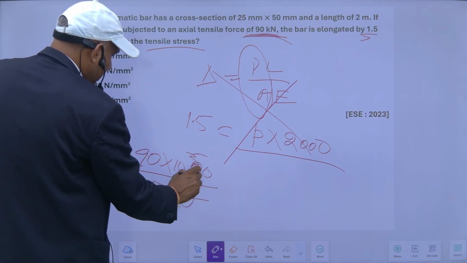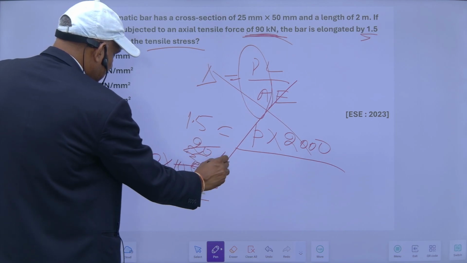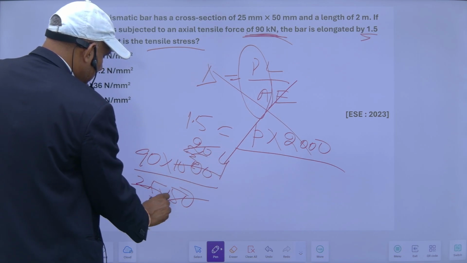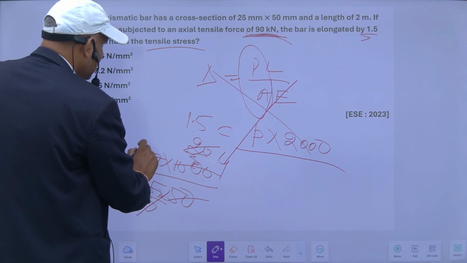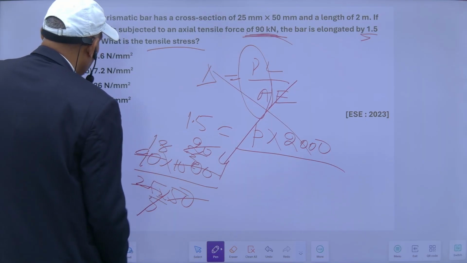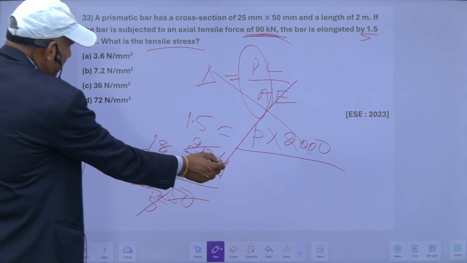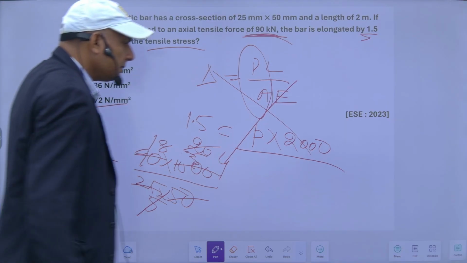So 18 into 4 is 72 Newton per mm square. So this is the right answer.